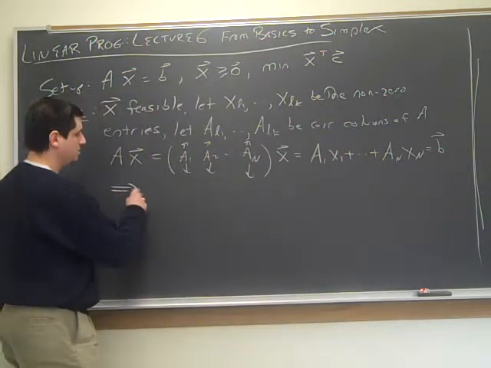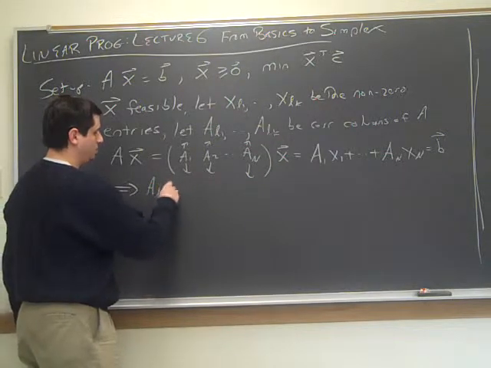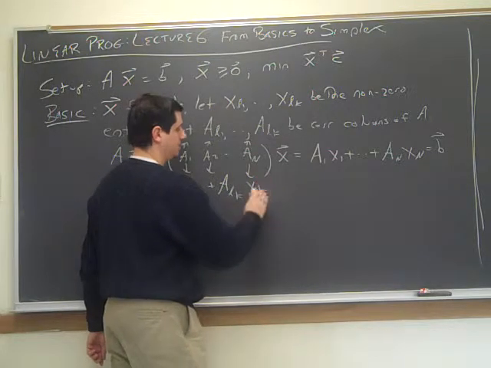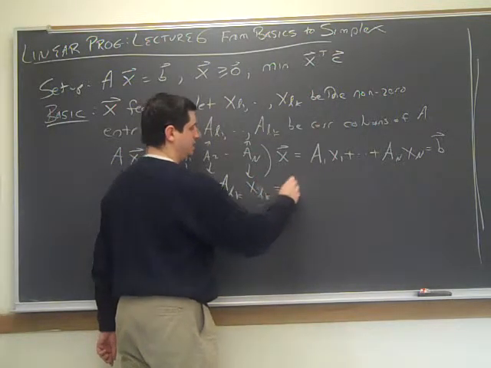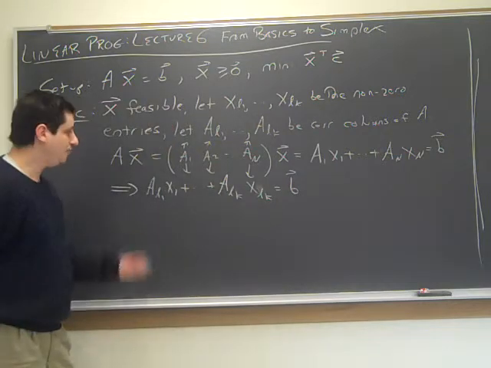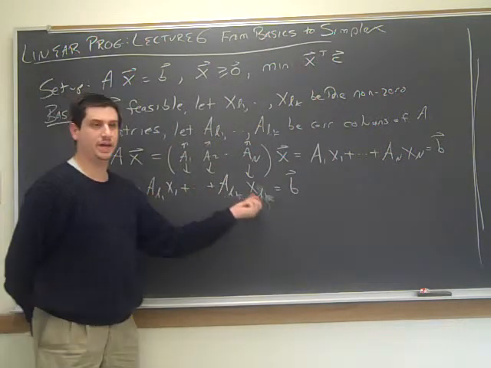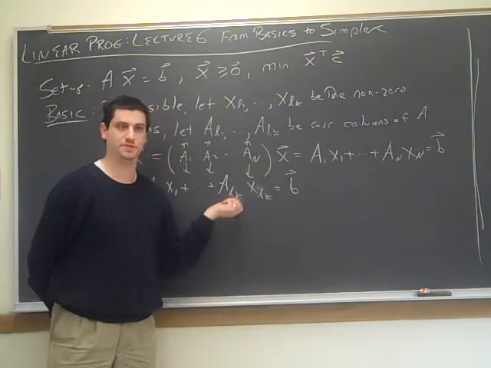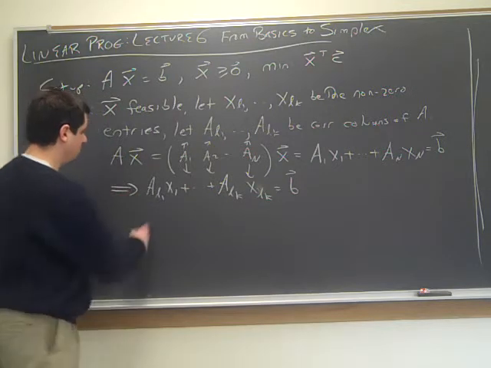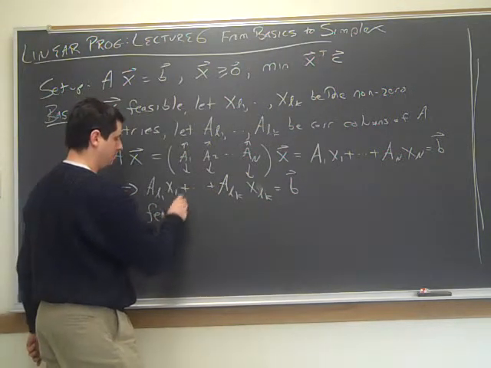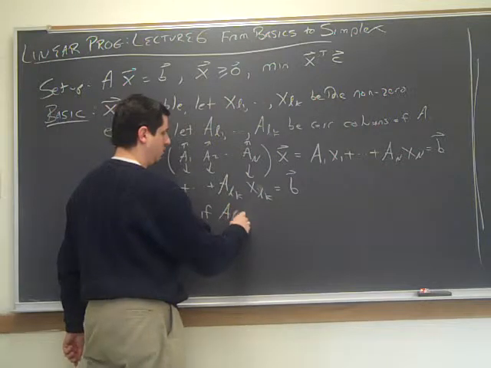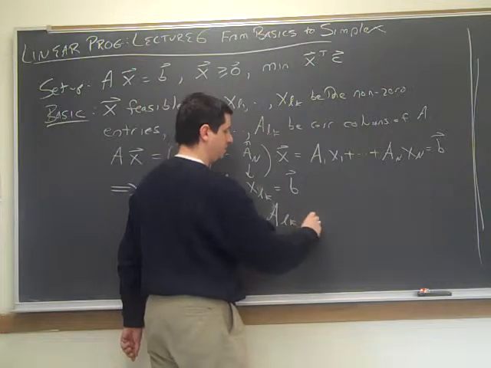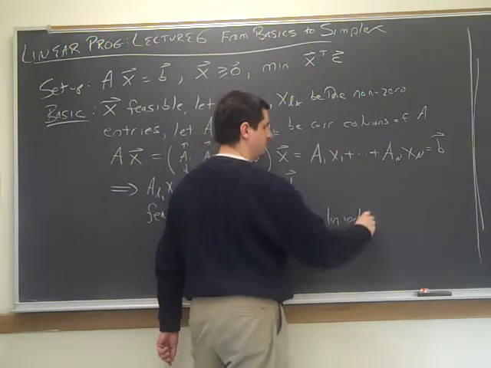This is the same as A_L1 X_L1 plus ... plus A_LK X_LK equals B. Right? I don't need the columns of A that correspond to x's that are 0, because they don't contribute to this. And so we'll say x is basic feasible if A_L1 through A_LK are linearly independent.